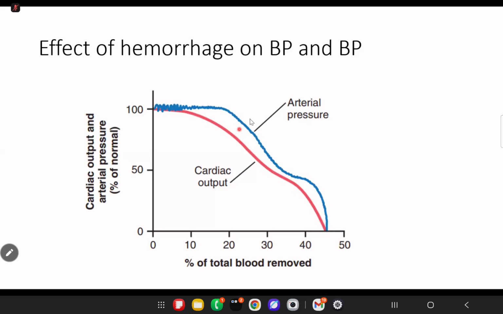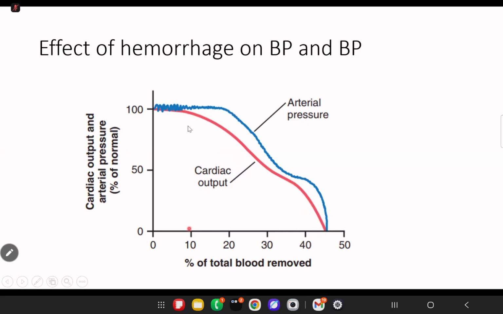Now your arterial pressure is maintained, but your cardiac output is falling when you have lost about 10% of your blood. This falls in a more linear form, with the steepness increasing when you have lost around 35% of your blood volume.